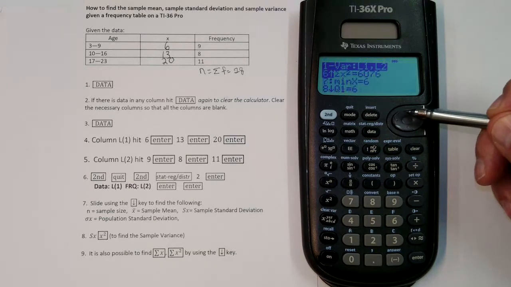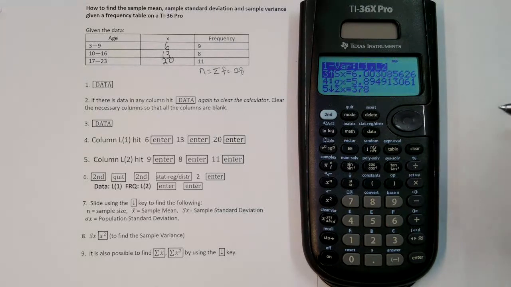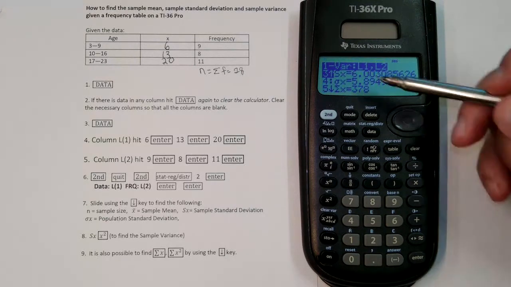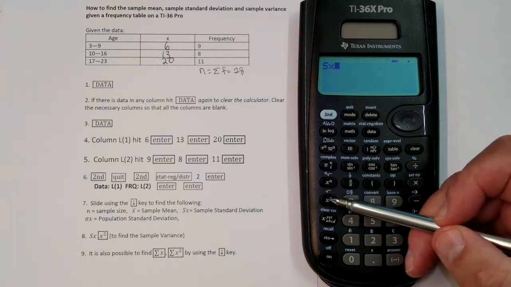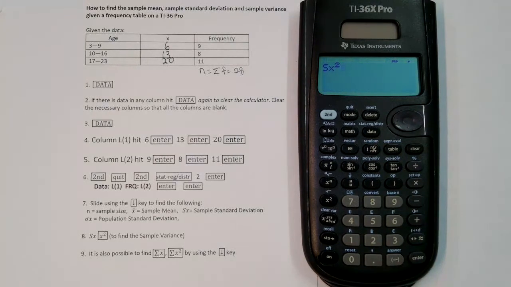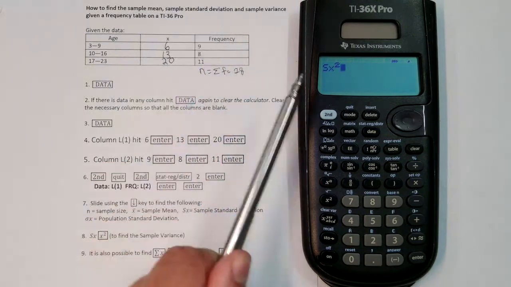But for us, let's go back up here. Remember I said you'd see the Sx one more time. This is the sample standard deviation. To find the sample variance, while the cursor is right next to Sx, hit enter, and then hit the squared button. The relationship between the sample standard deviation and the sample variance is that the sample variance is the sample standard deviation squared.